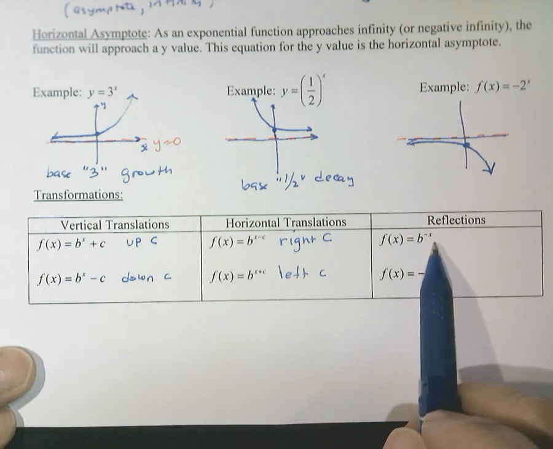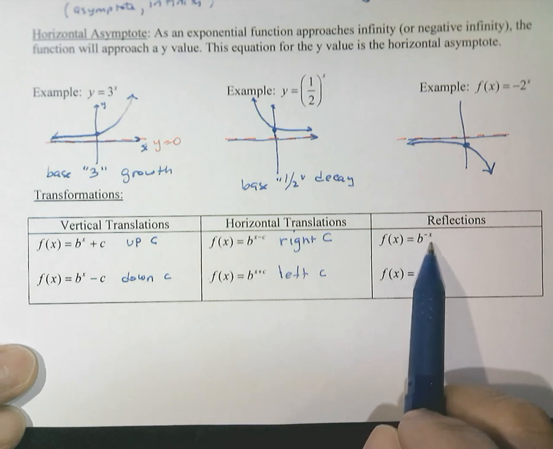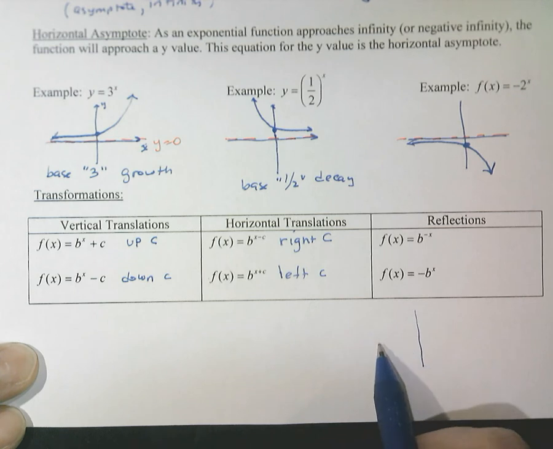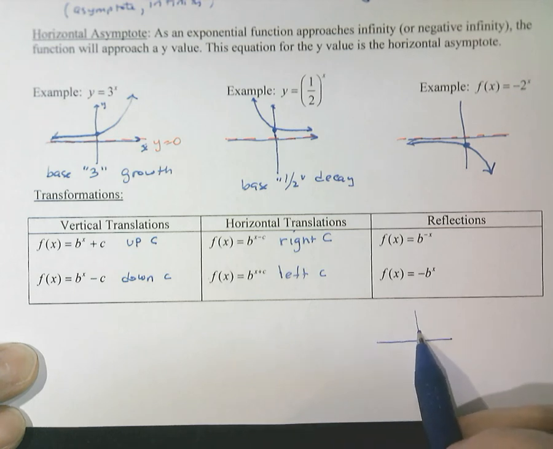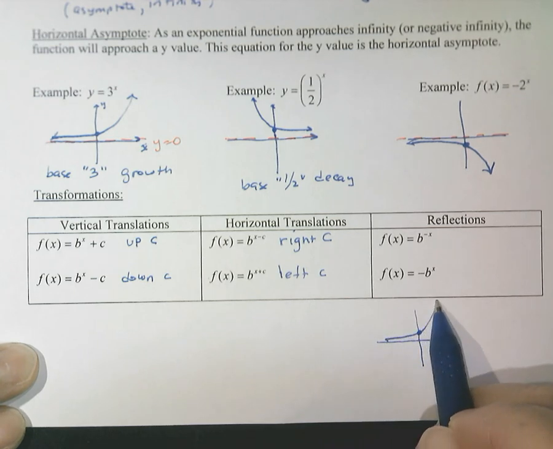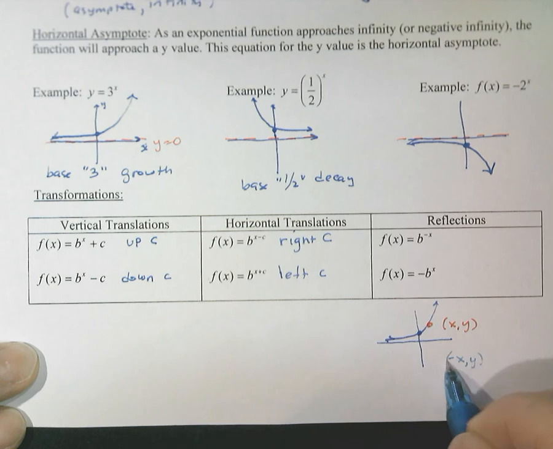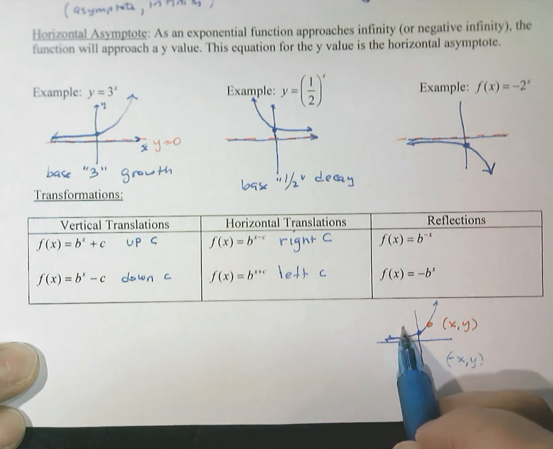If you change the y, or if you change the x value, so think of it this way. This is what an exponential function looks like. If I take this point here, which is (x, y), and I change that point to (negative x, y), instead of being over here, it's going to be over here.